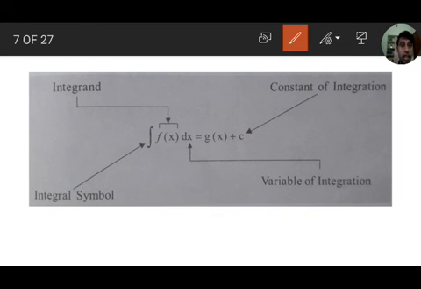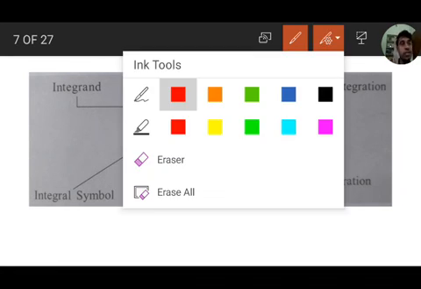X is the variable of integration and c is the constant of integration. Okay, this is the integration.